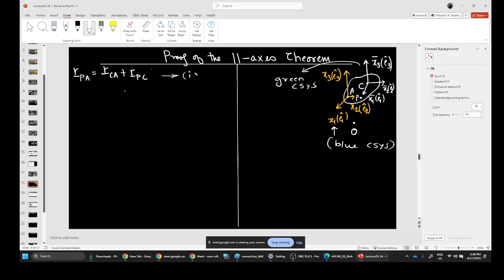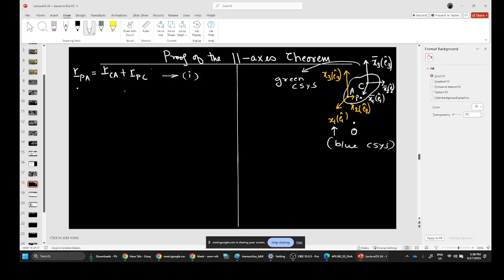Let's call it 1. R_PA, I will not draw the vectors here. It's already quite busy, this diagram, but I hope you will be able to visualize. R_PA, the vector going from A to P, is equal to R_CA plus R_PC.